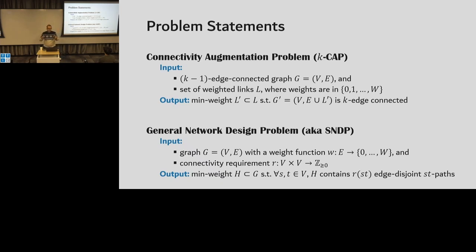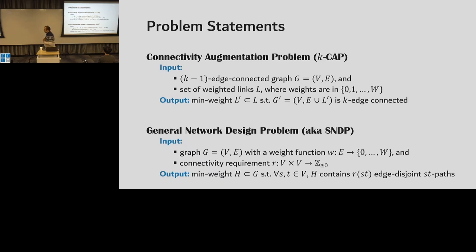Our goal here is to find a minimum weight subgraph of the input graph, such that for every pair of vertices s and t, the subgraph that we have picked has at least R of s,t edge disjoint paths between s and t.